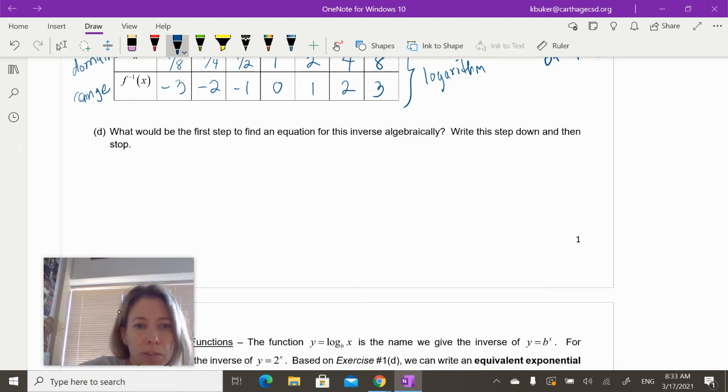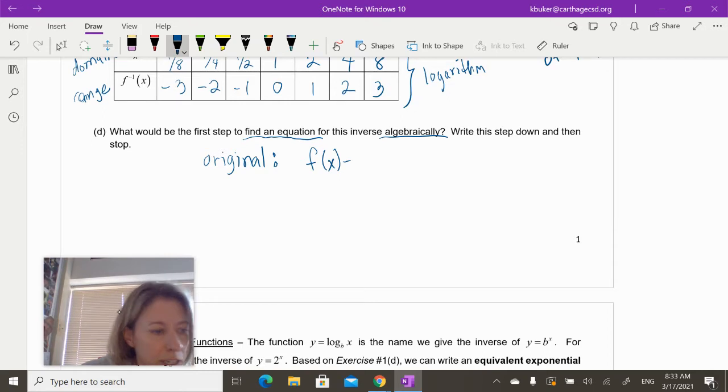It says, what would be the first step to find an equation for the inverse of this algebraically? Write the step down and then stop. So our original function, instead of saying f of x equals 2 to the x, I can write it as y equals 2 to the x.